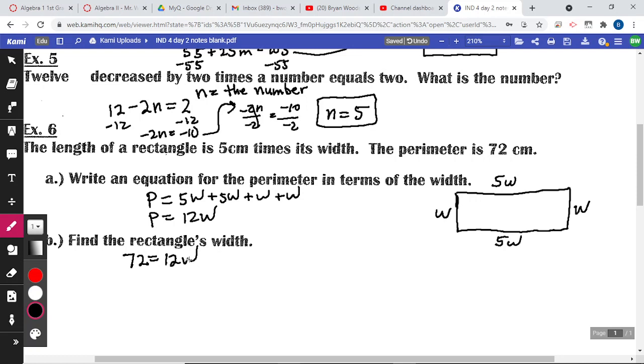That's the perimeter in terms of width, and we know the perimeter is 72, so that's our equation. Okay, so solve for W, divide both sides by 12, and we get W equals 6 centimeters. And that's it. Our interpretation of that is that the units are centimeters. We should look back and say, is that a reasonable number? And I think it is.